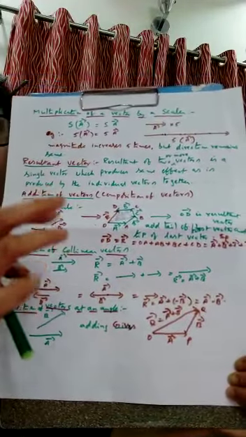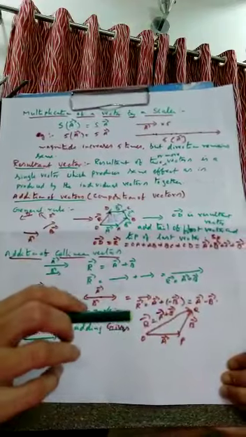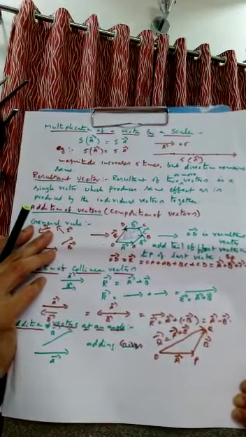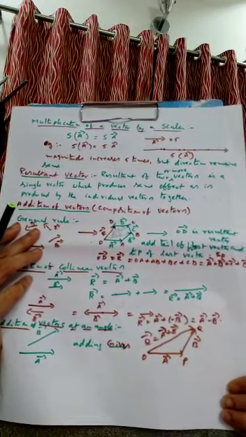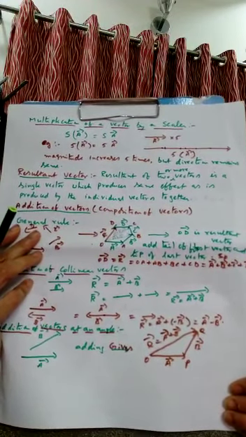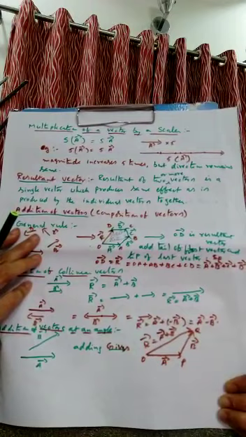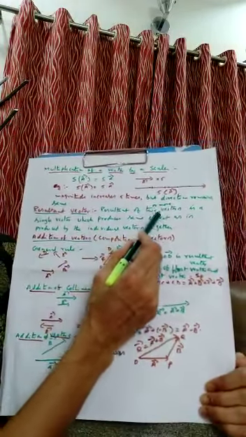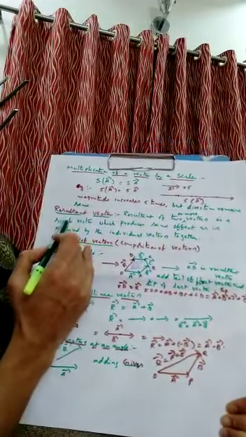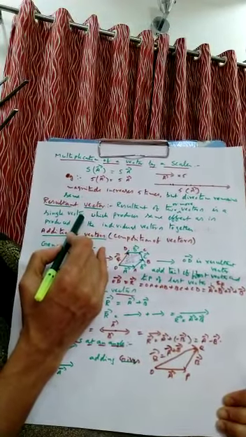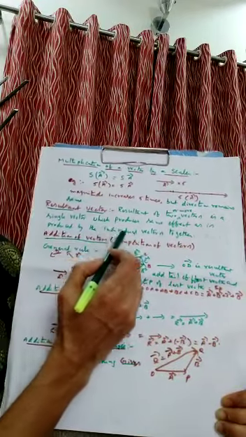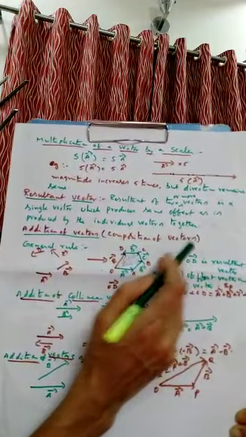Suppose 2 people are doing the work. The same amount of work can be done by a single person. That single person doing the work of the other workers is called the resultant vector. Right? The resultant vector is nothing but the resultant of 2 or more vectors as a single vector, only one vector, which produces the same effect as is produced by the individual vectors together.